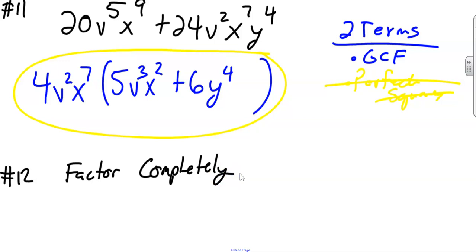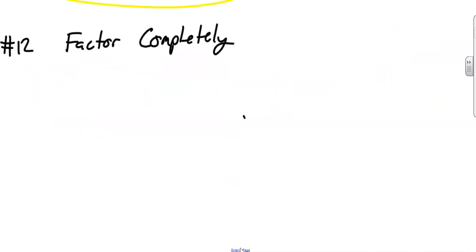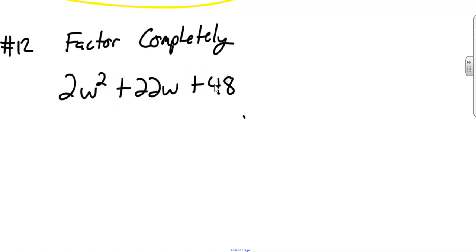Okay, number 12. Gives you a little hint on this one. One little extra word there. Factor completely, right? So for that one, they're giving you a heads up that you might have to do a little bit more than you normally would do. So we've got 2w squared plus 22w plus 48. So 3 terms.